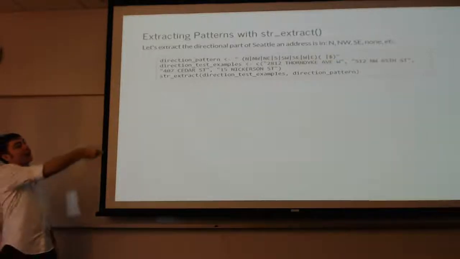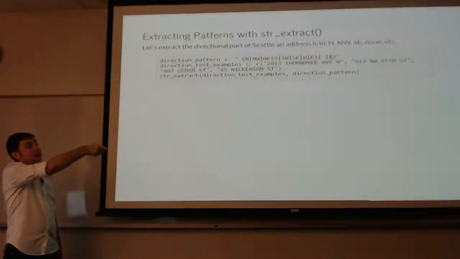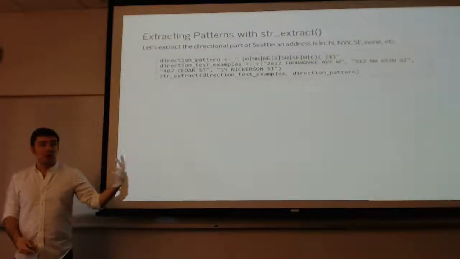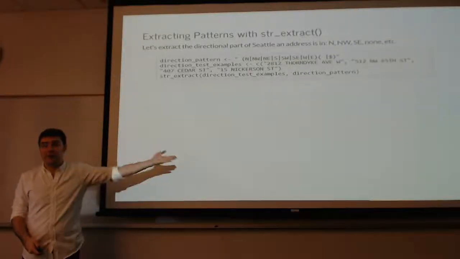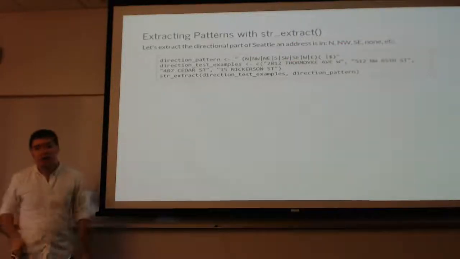So it's okay if these things are followed by a space and then some other information, but it's not okay if they're butted up against some other text. I don't want something like the W to be the first letter of the street name. So these need to be isolated or occur at the end of the string.